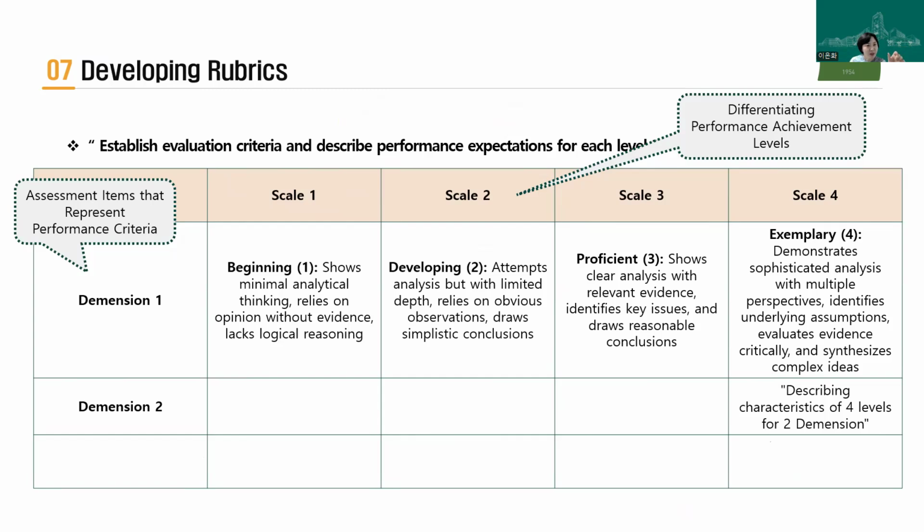And performance achievement levels are across the top, on a scale of 1, 2, 3, 4: beginning, developing, proficient, exemplary. These differentiate quality from lowest to highest performance. Each cell contains specific descriptions, not just good or poor, but concrete descriptions of what performance looks like.